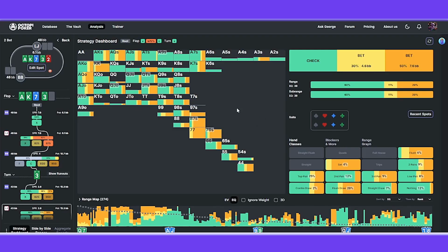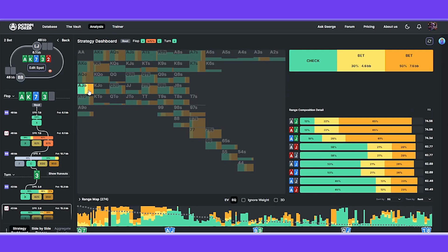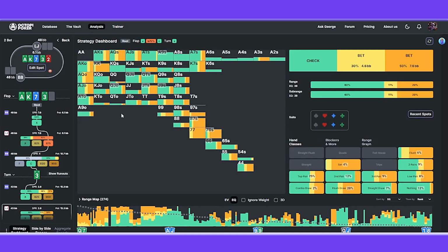So now we know that against a human who's not leading, his range after he checks is going to be much stronger than this suggests. So we're going to want to be way more passive than this, betting the turn. And some of these thinner value bets, the ace-jacks, the ace-tens, we might just want to pure check those hands.